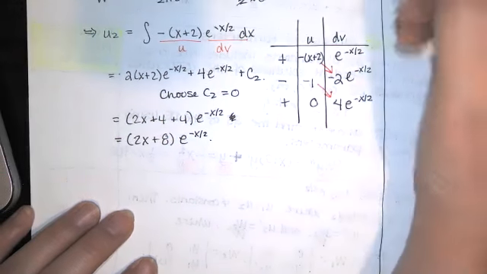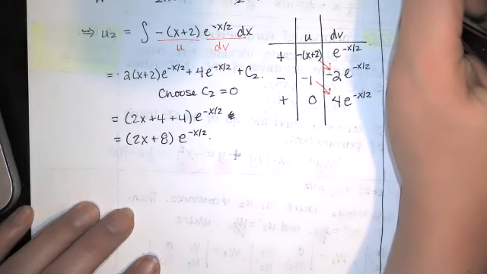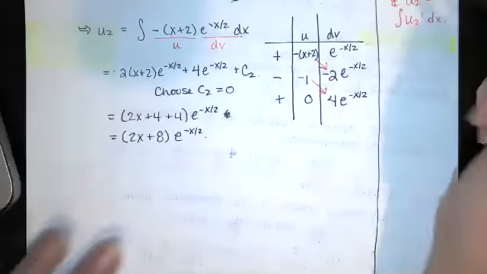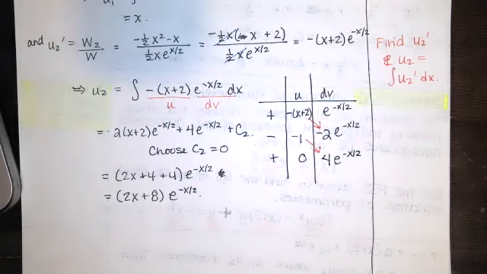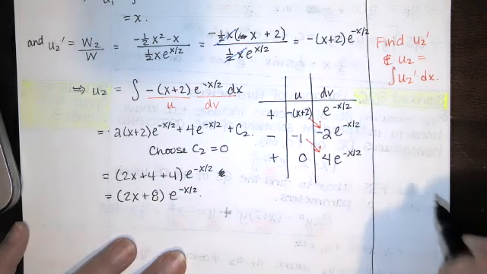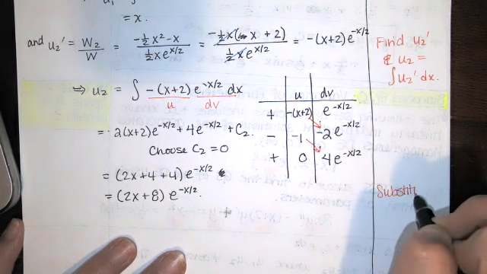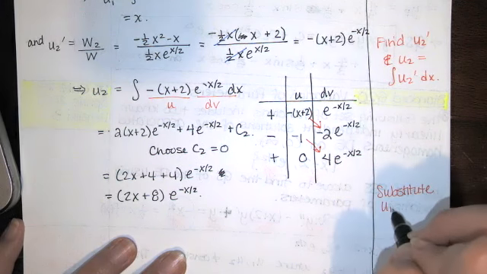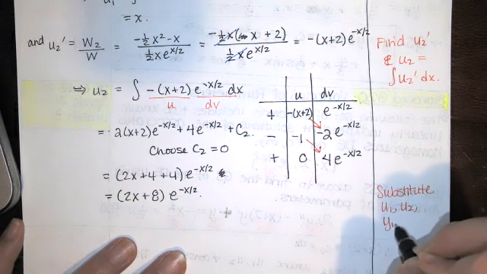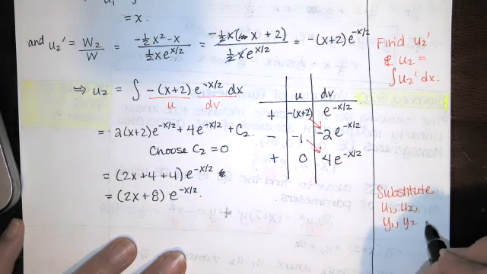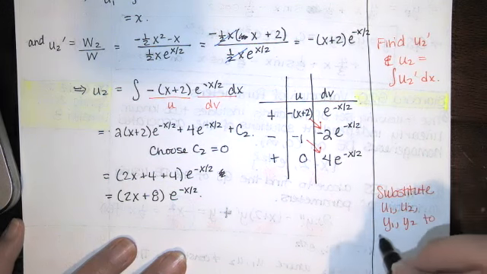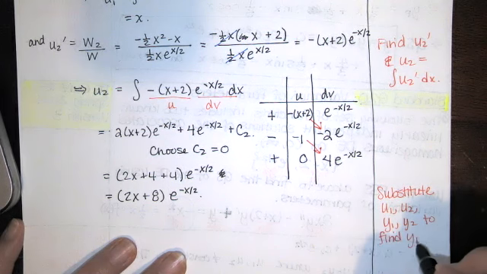Okay, great. So we found u2 prime, and we computed the antiderivative of that. And now that we have u2 and u1, we can substitute to construct y sub p. So we'll substitute u1 and u2, and of course y1 and y2, and then simplify to find y sub p.